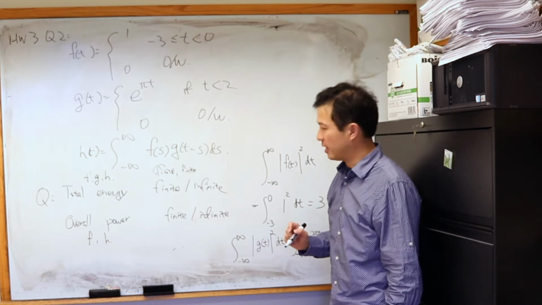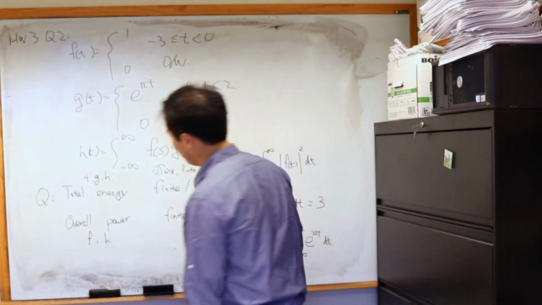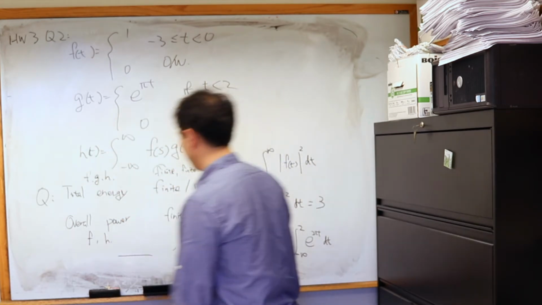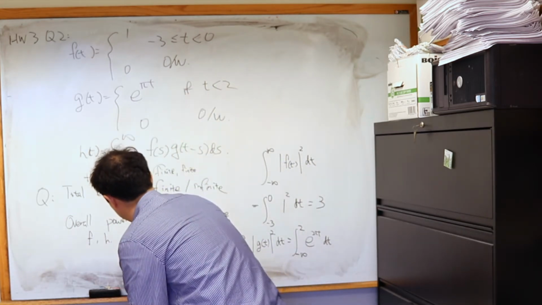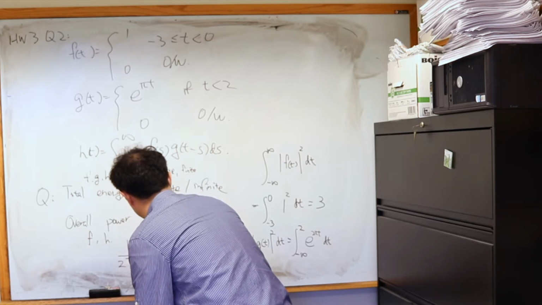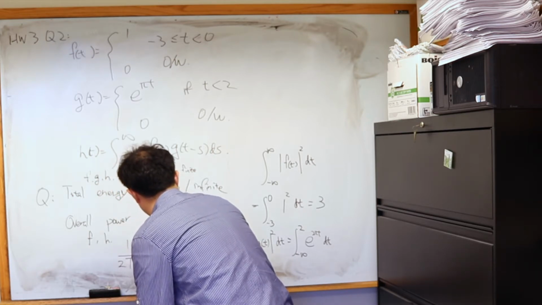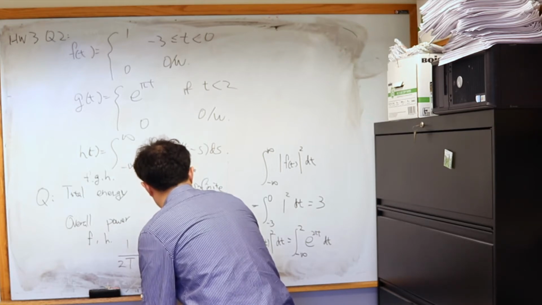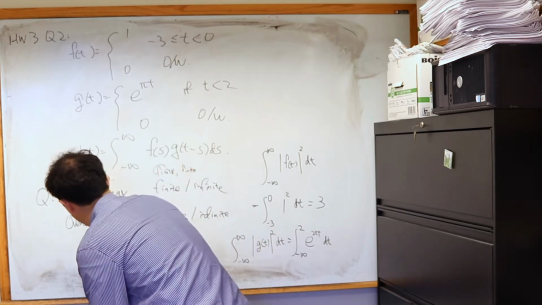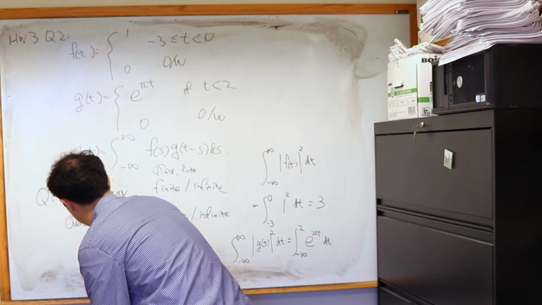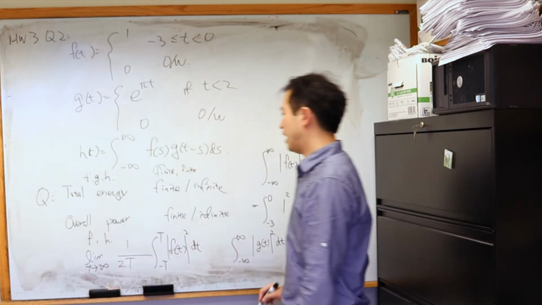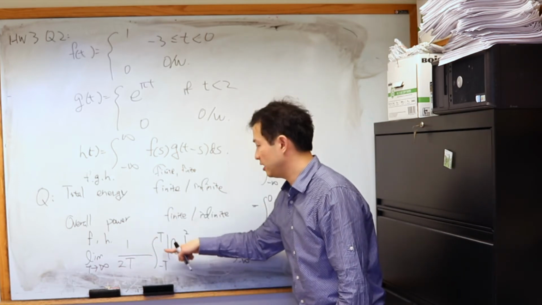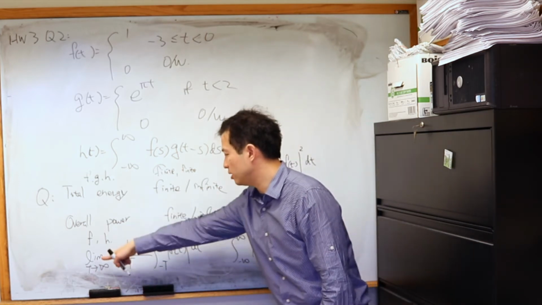Thank you. For overall average power, we can only work on f. So the way to solve it is going to be the limit as T goes to infinity of 1 over 2T, integral from negative T to T of f of t absolute value squared dt. So that's how you find the overall power.